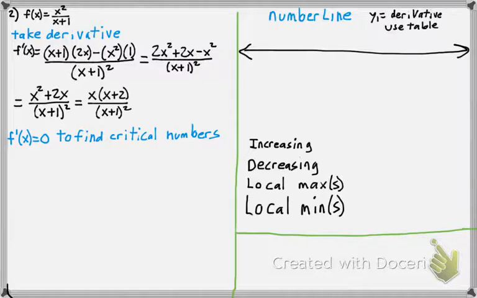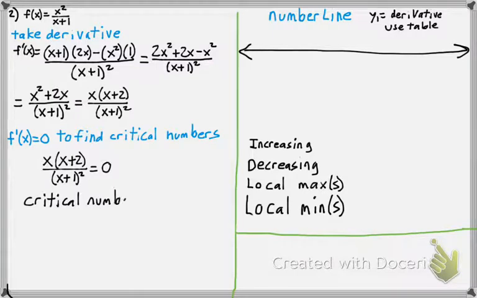So let's do that. I have x times x plus 2 over x plus 1 squared is equal to 0. And I don't really have much factoring to do here, so my critical numbers, now again, the critical numbers, these are where the derivative is equal to 0 or where it's undefined.